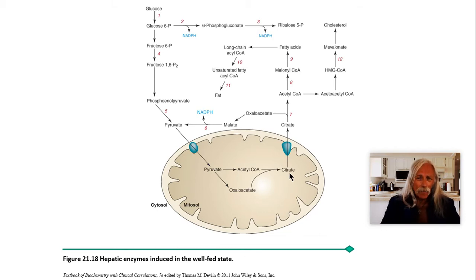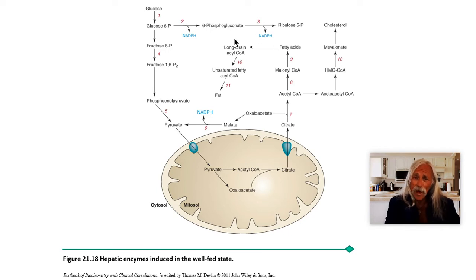Now, while that's happening, there's an alternative pathway for glucose oxidation, and that's the oxidative pentose shunt. Here you make NADPH from turning glucose 6-phosphate into 6-phosphogluconate, and then ultimately, after the loss of CO2, another mole of NADPH is made, this is 6-phosphogluconate dehydrogenase, making another mole of NADPH.